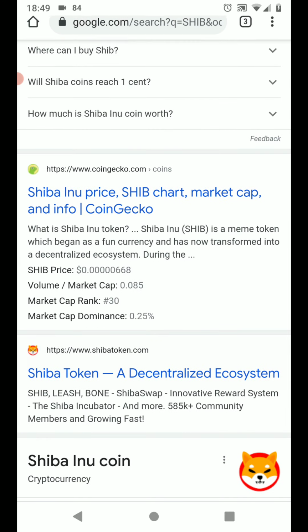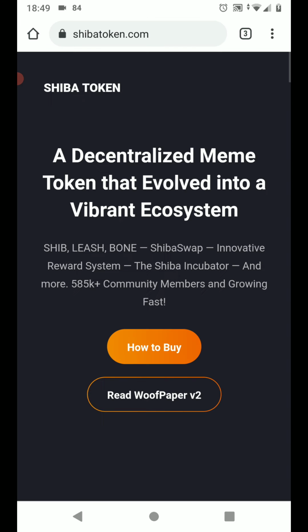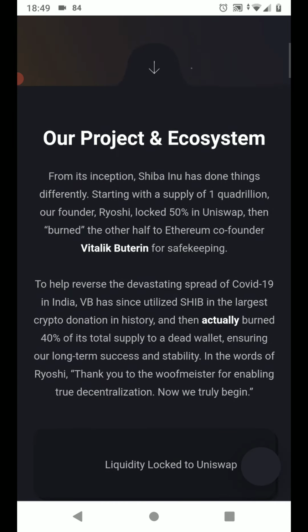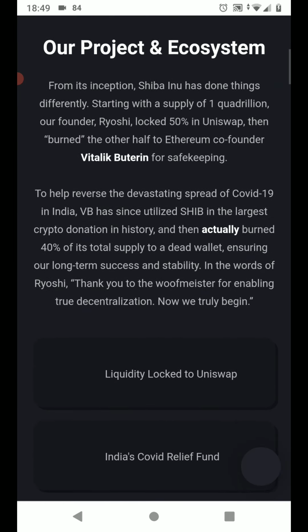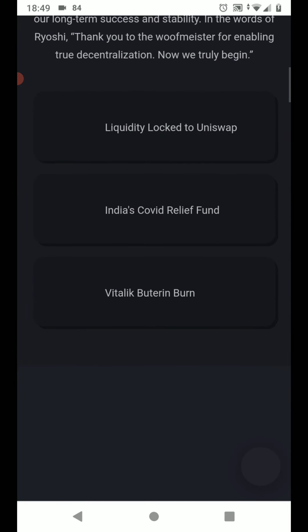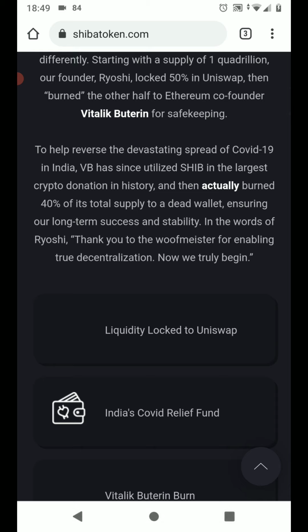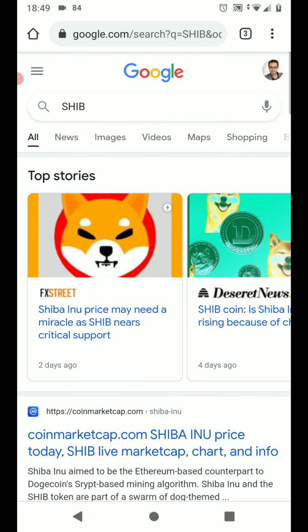Let's see what's behind the Shiba token. I'm looking at it and I don't see any real value being attached to this token. I don't understand it.